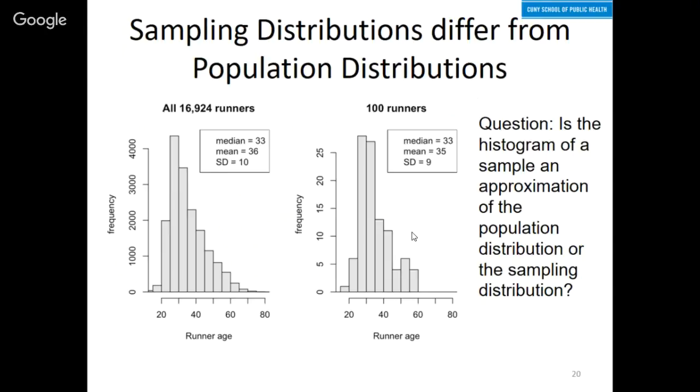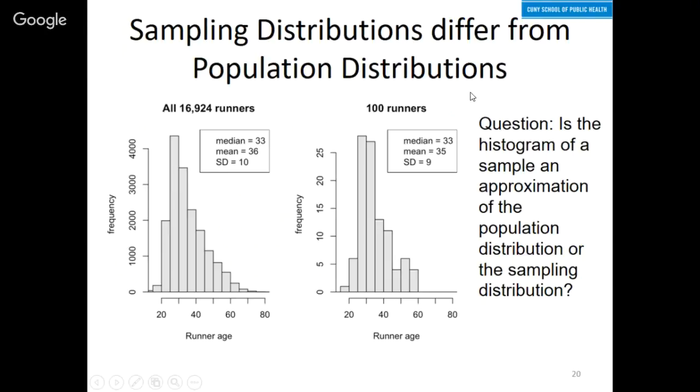And this will get immediately at whether you get sampling distributions yet or not. Do you think it is an approximation of the population distribution? Put your hand up. All right, like 5. Do you think it's an approximation of the sampling distribution? Put your hand up. Are you unsure? Put your hand up. Okay, fair enough.